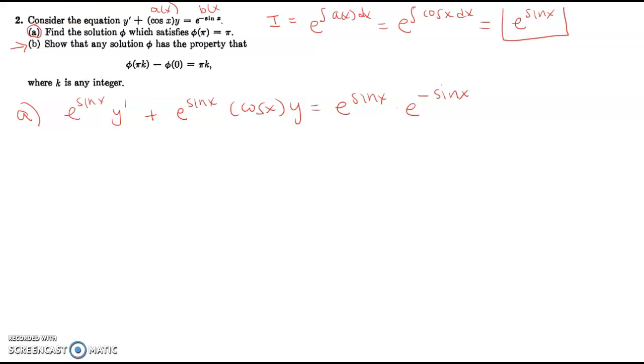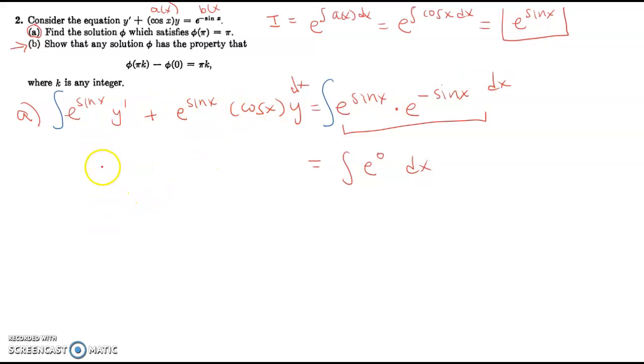Okay, our third step is to integrate both sides. And I also noticed that, according to our previous exponential rule, the base is the same, which means our exponents will get added. So I immediately noticed that this is simply e to the power of 0, because positive sine plus negative sine is going to result in 0, dx. And don't forget about the dx to apply to both sides.